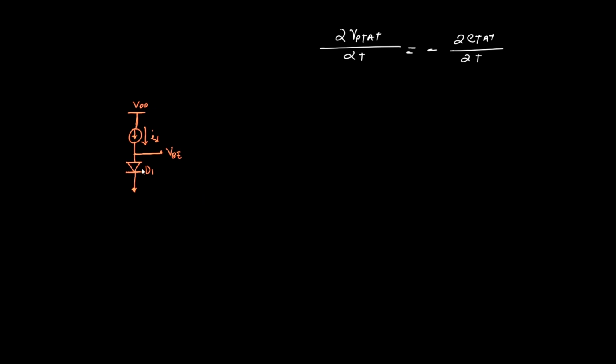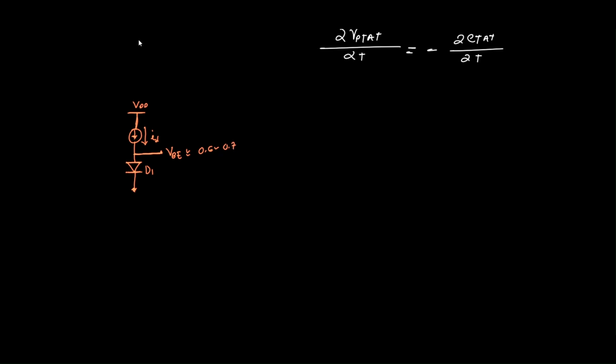As this diode is in forward bias, we can get a VBE voltage which is approximately 0.6 to 0.7.